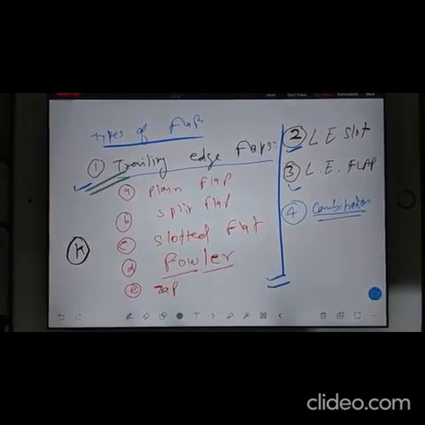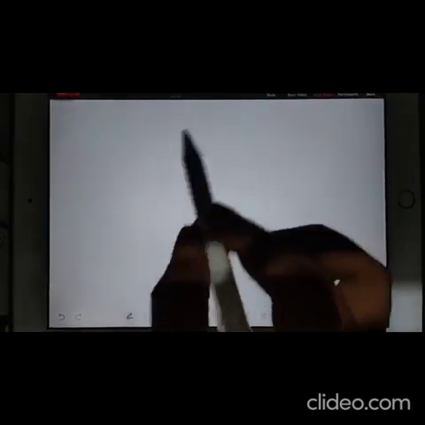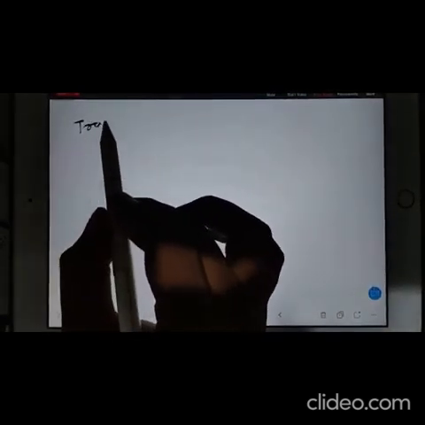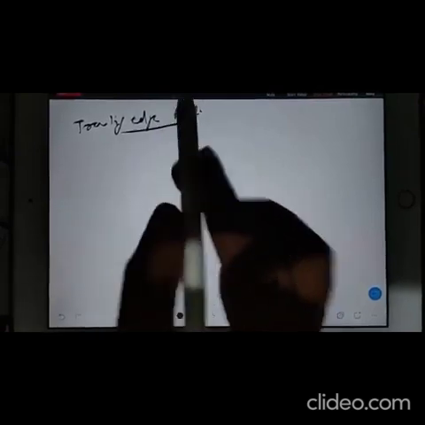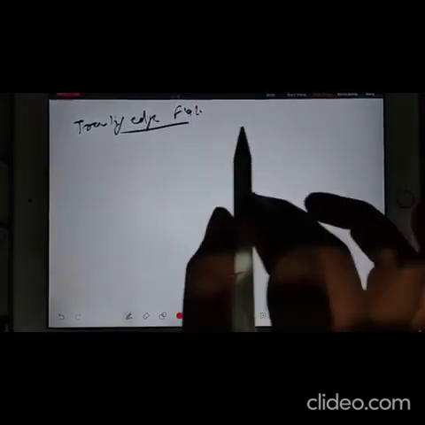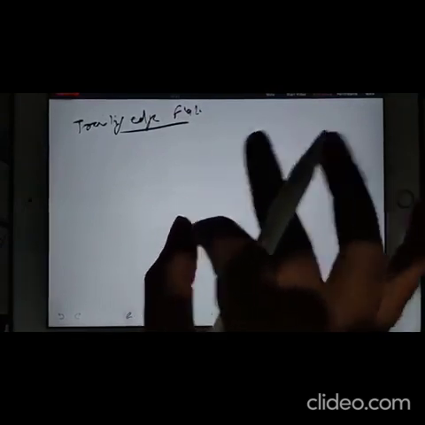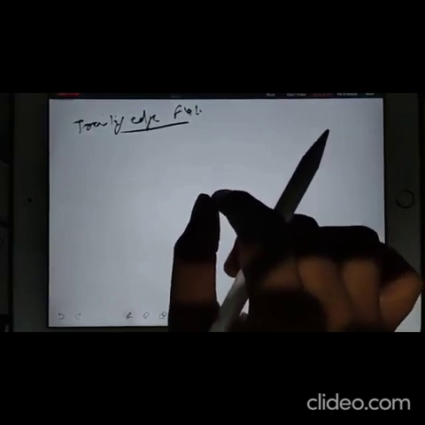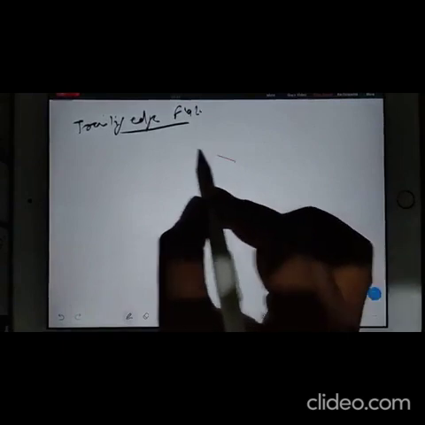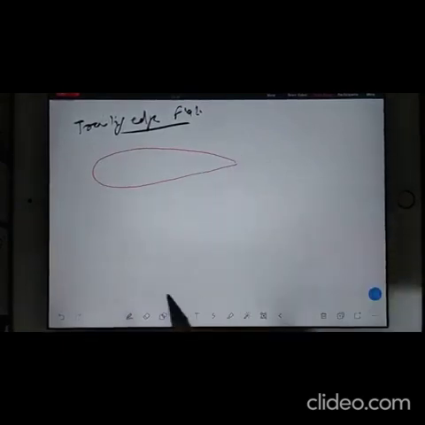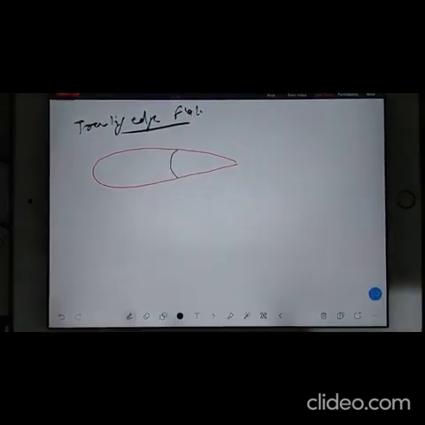So I am going to approach trailing edge flaps. See, in trailing edge flaps, where the flap is attached, it starts from the root, not from the tip. From the tip, who starts? Aileron. So you will have a complete wing like this. In this you will have some kind of cut here.